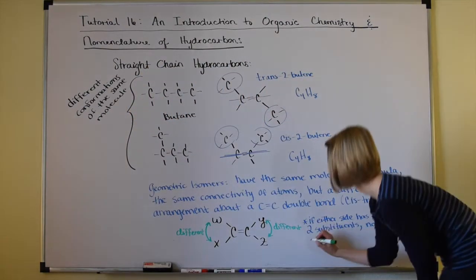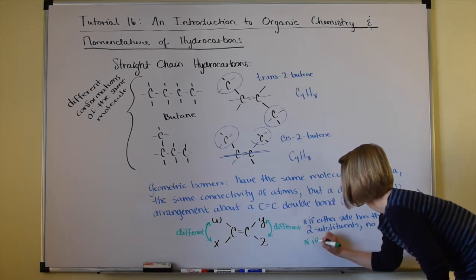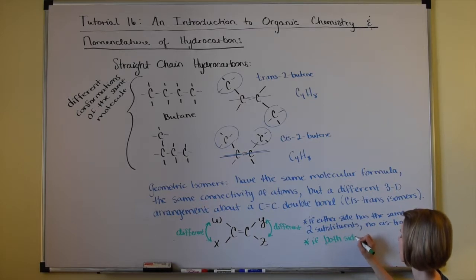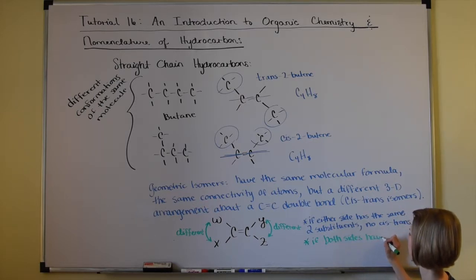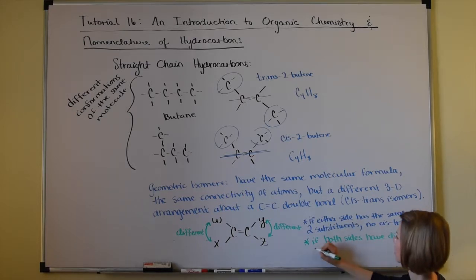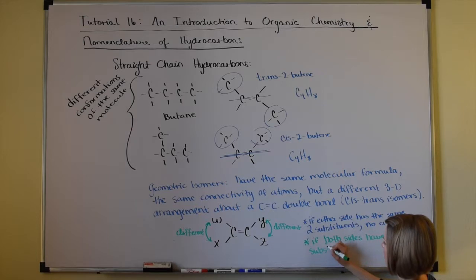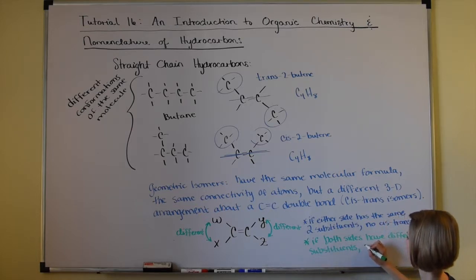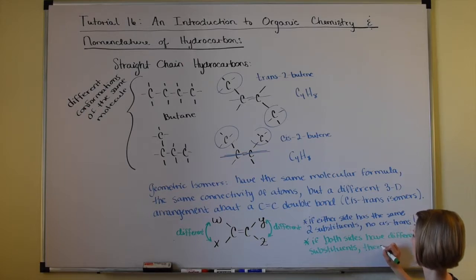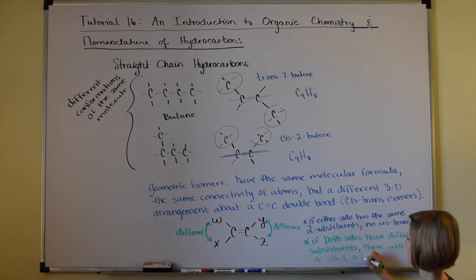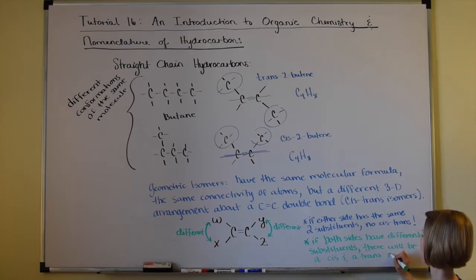Okay, so let's write over here. If both sides have different substituents, there will be a cis and a trans isomer.